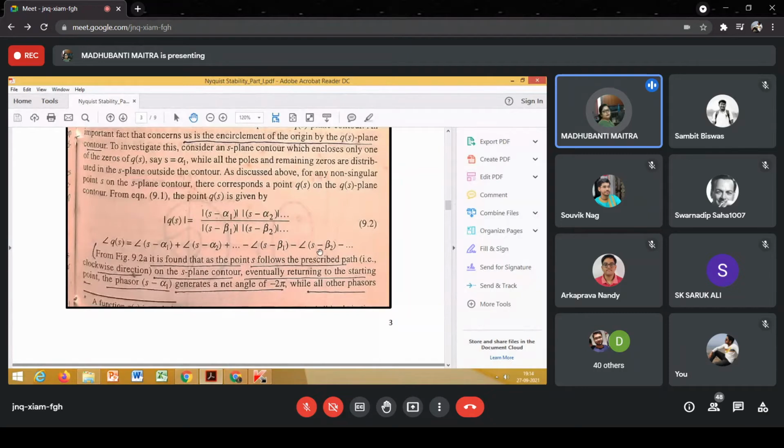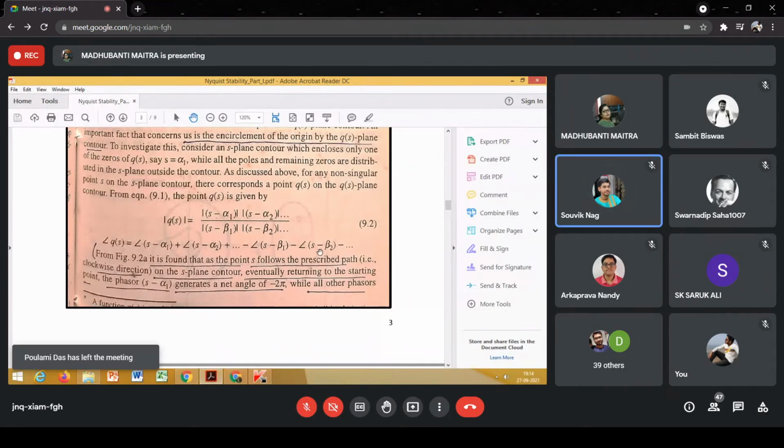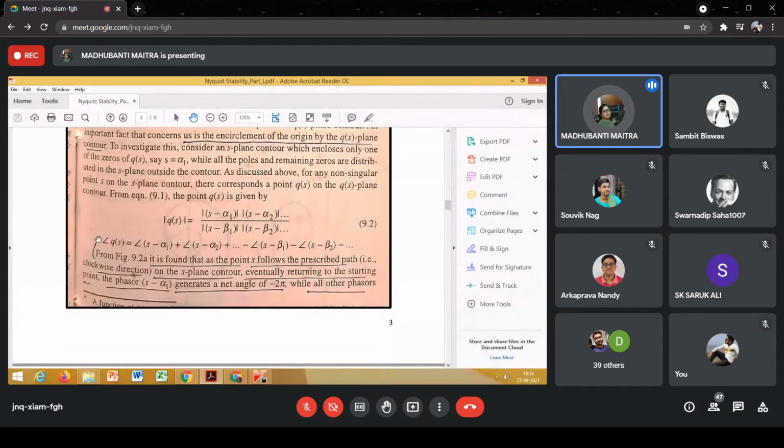On the left hand side, we are trying to find the net change in angle of the QS phasor. Naturally the right hand side will be delta angle S minus alpha 1 plus delta angle S minus alpha 2 plus and so on, minus delta angle S minus beta 1 minus delta angle S minus beta 2.